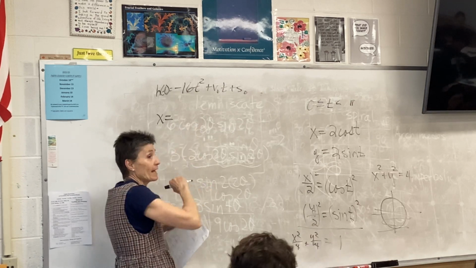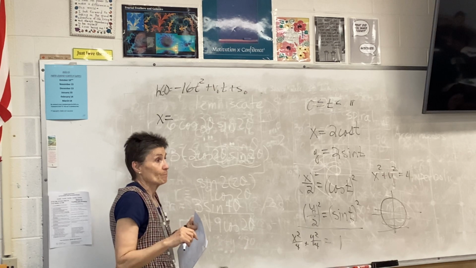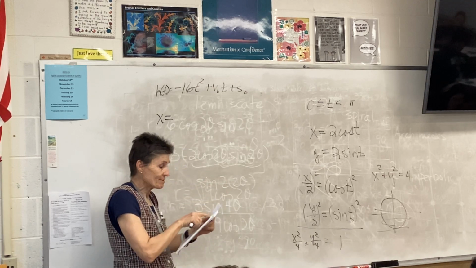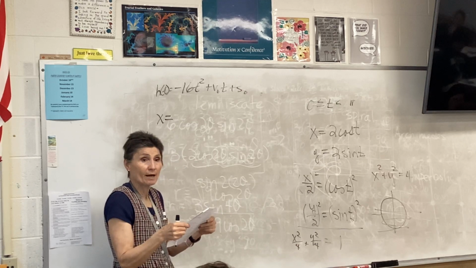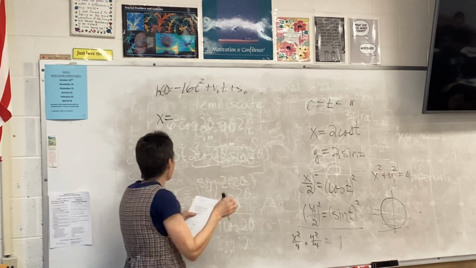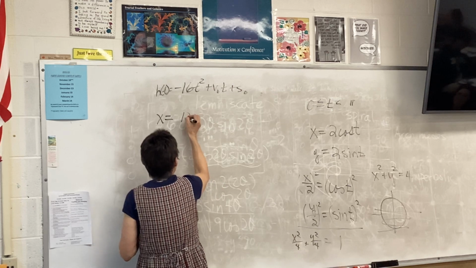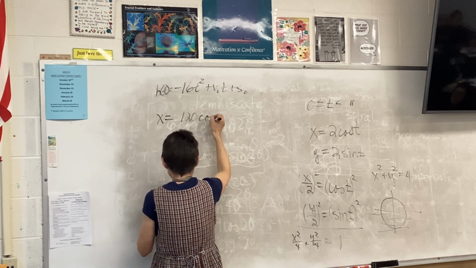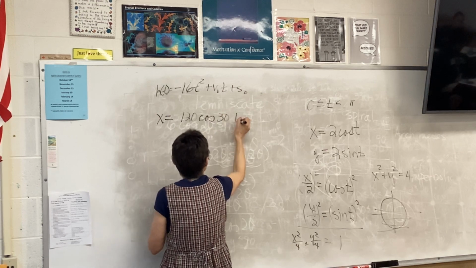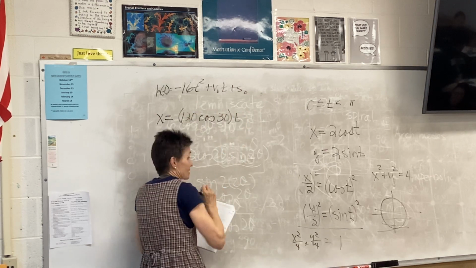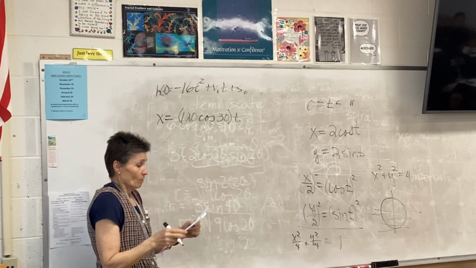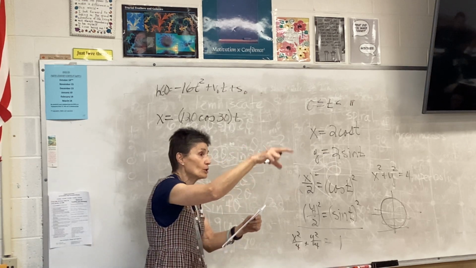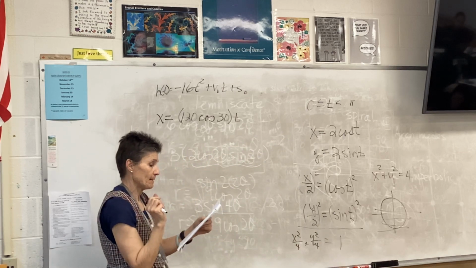Normally I would just say let x equal t, but my x's have been altered by this 30-degree angle with the horizontal. So my x is r cosine, what was my angle? 30 degrees, t. That's my x value. 120 is the speed, the magnitude, so it's 120 cosine 30 t.